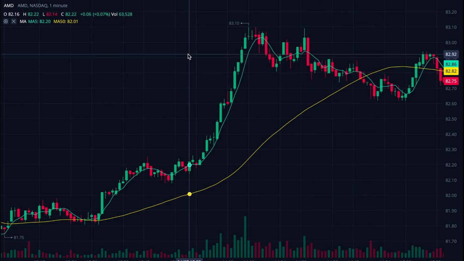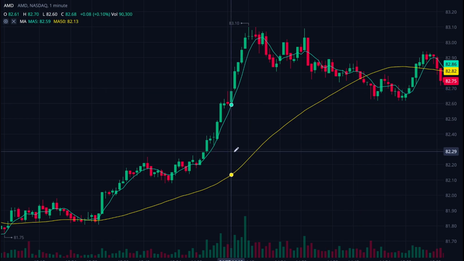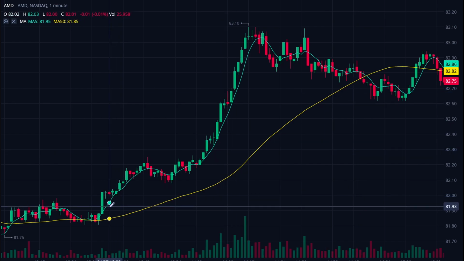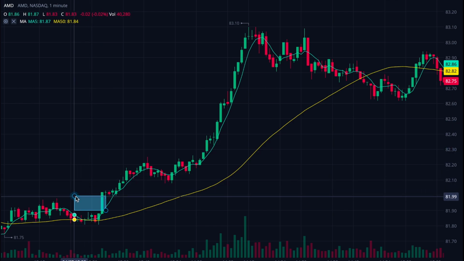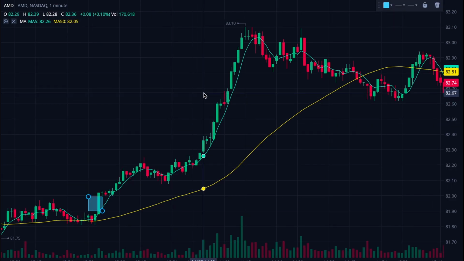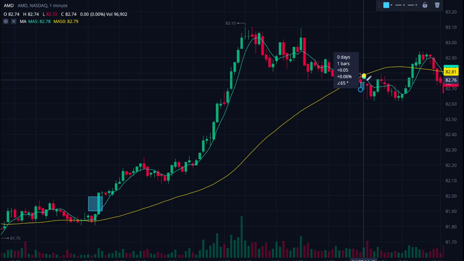So this is why I say aggressive, because it can cost you money sometimes. So if you took your entry when it broke over the green here, and then you decided that your cut loss or your take profit was going to be at the yellow, you wouldn't have sold out until this point here.